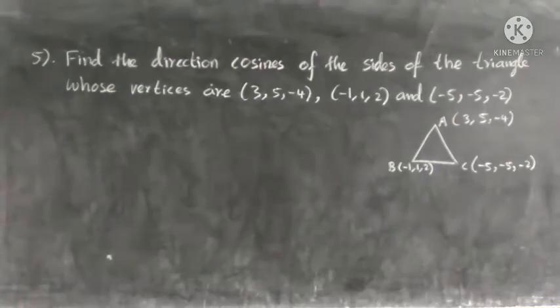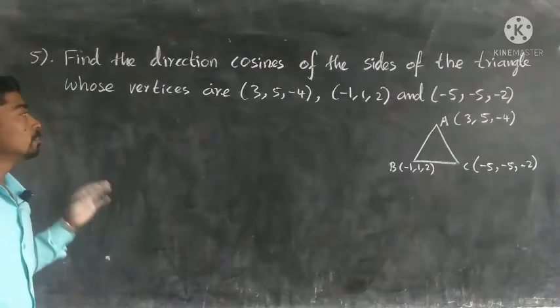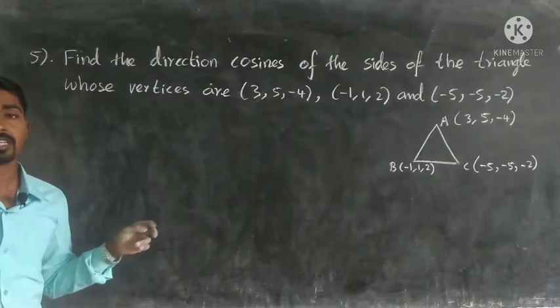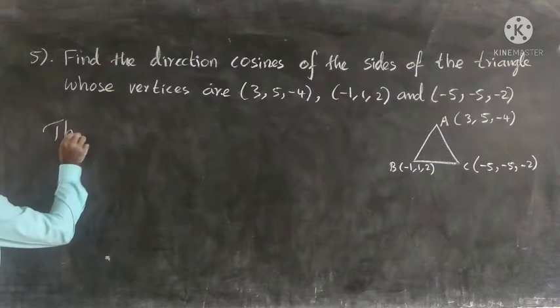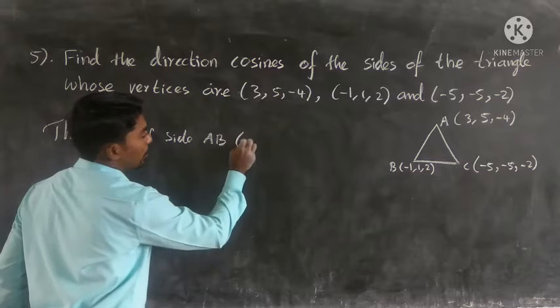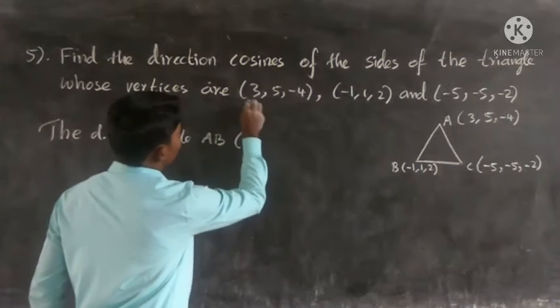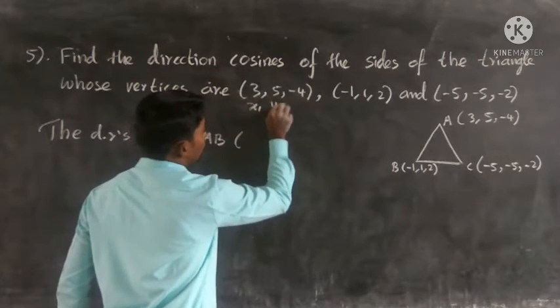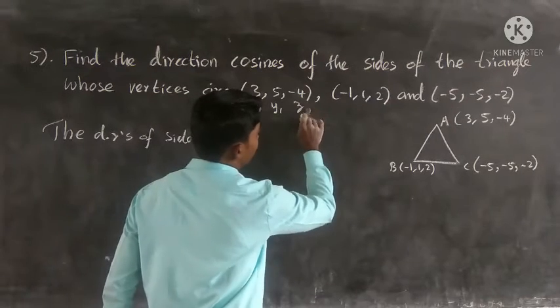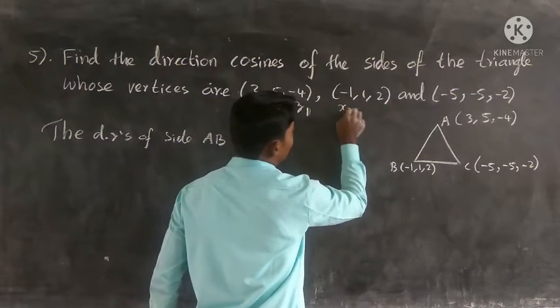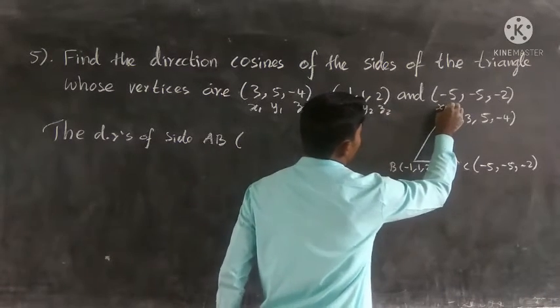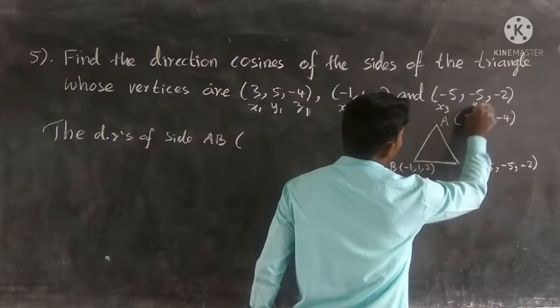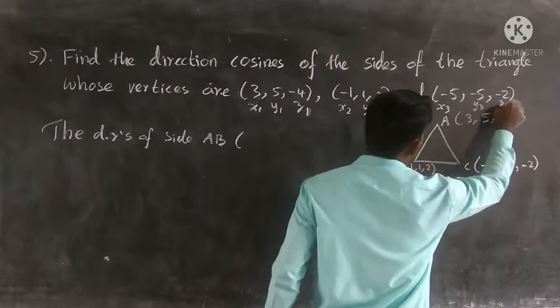Therefore, the direction ratios of the side AB are as follows. Let these values be x1, y1 and z1, x2, y2 and z2, and x3, y3 and z3.